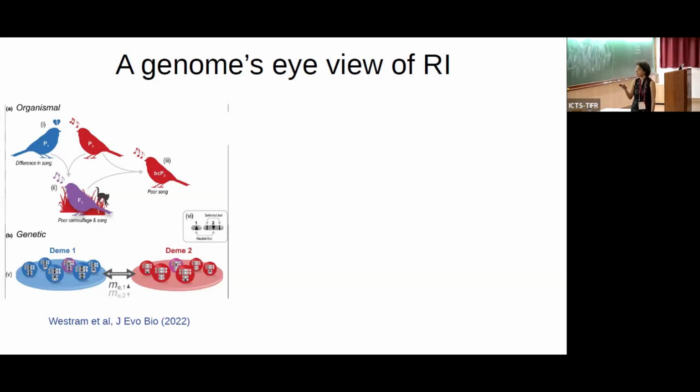So in this cartoon taken from this review, there may be differences in coloration, differences in song, and when these two different subspecies produce an offspring, this individual may be somewhat intermediate, and it may fail to occupy any of the available ecological niches. It may not have good camouflage. It may have a song which is not recognized as a mating signal by most of the individuals here.